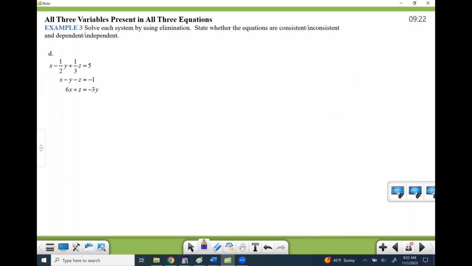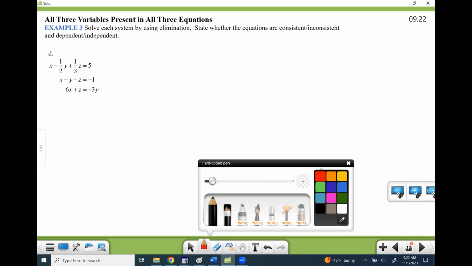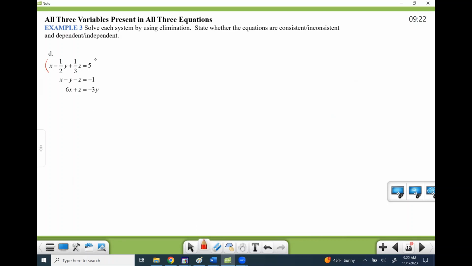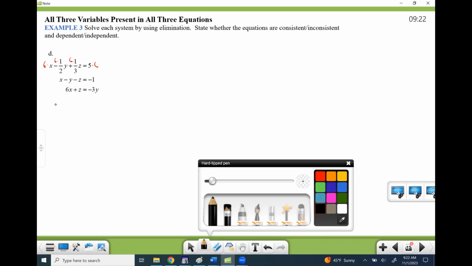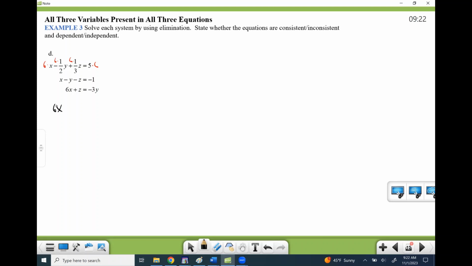All right, so if we were to clean these equations up, the first thing that I would do is get rid of the fractions on the top one. So if we multiply all the numerators by a 6, the LCD, that'll clear the fractions for us. So what we'll end up with is 6x for the first term. Then since 2 goes into 6 3 times, we're going to have 3y.